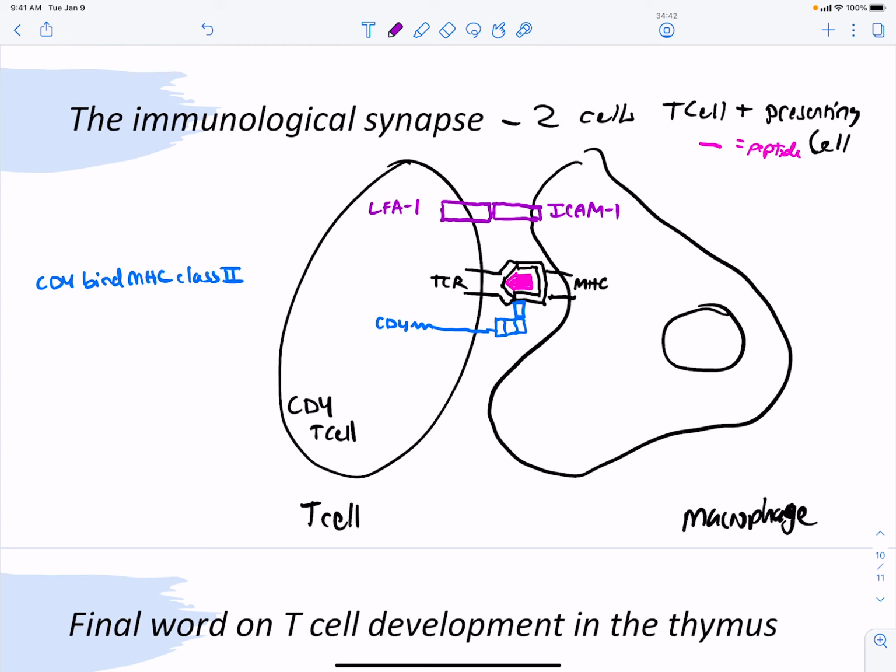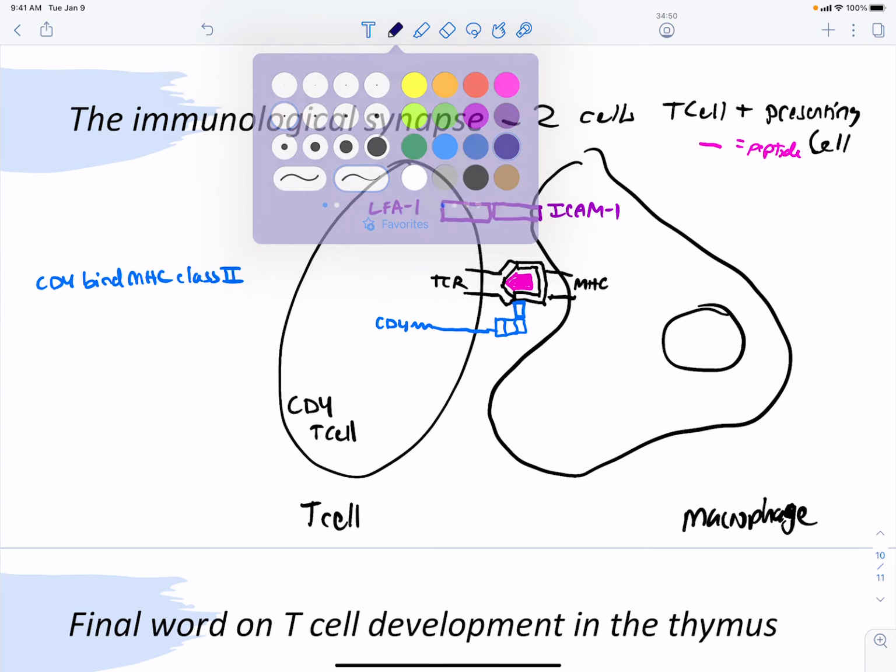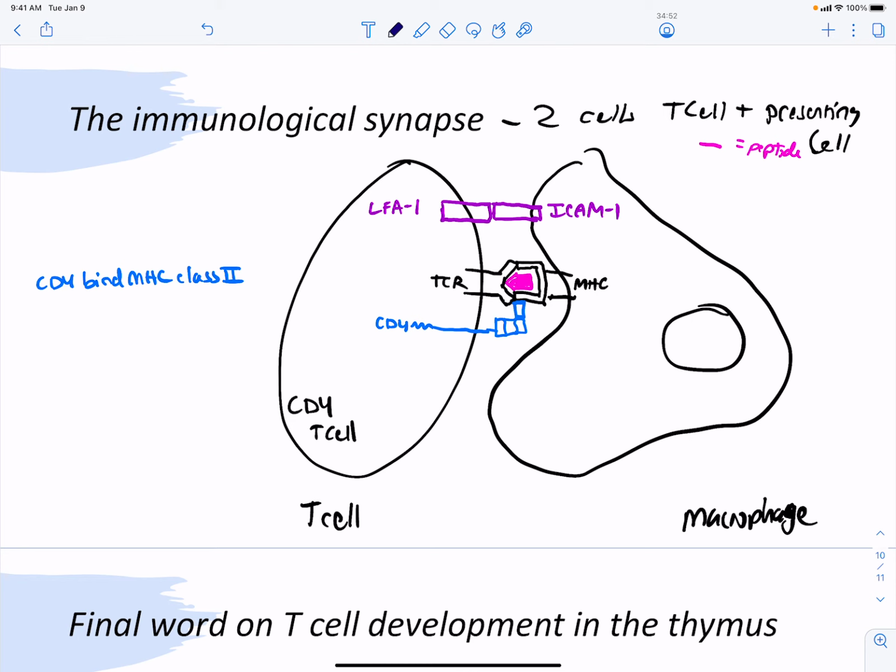So those 2 will interact. Now you also have to make sure that you want this cell to become activated. So the antigen presenting cell has another molecule it expresses, and it's called CD80. And your T cell on the other side has a receptor for CD80 called CD28.